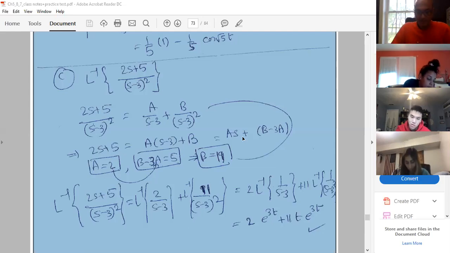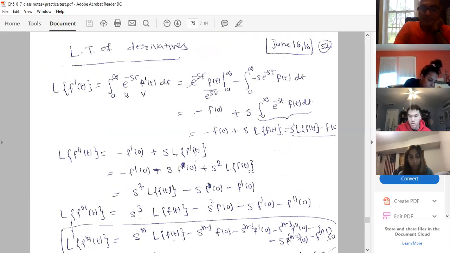Okay, guys. Shall we start this new article? If you just want to focus on Laplace transform, I don't mind. We can start this new article tomorrow.